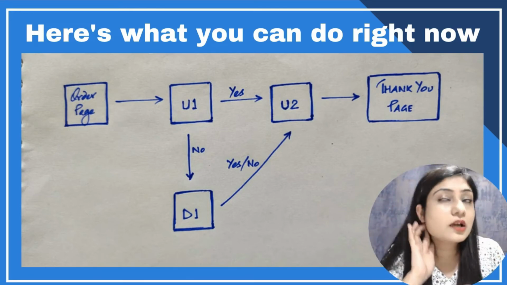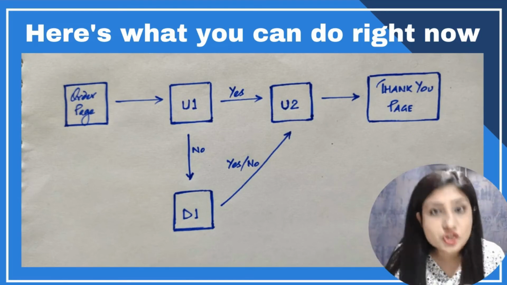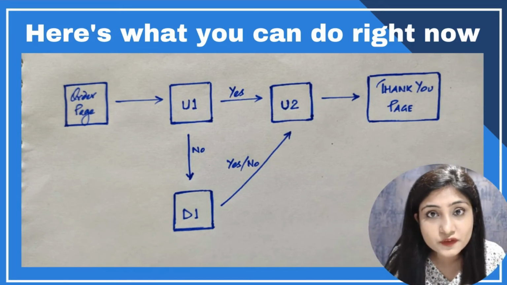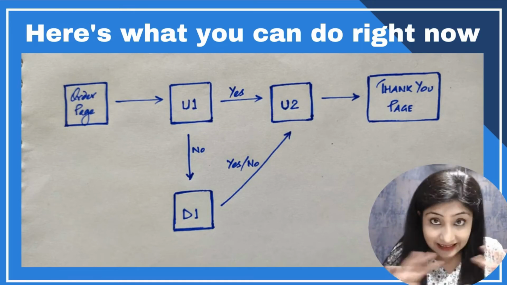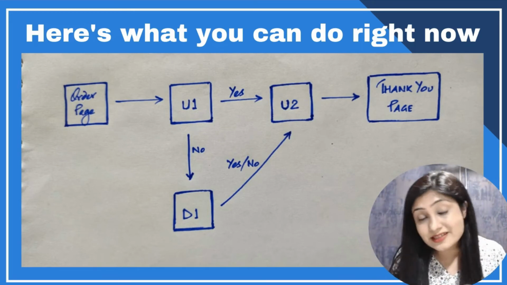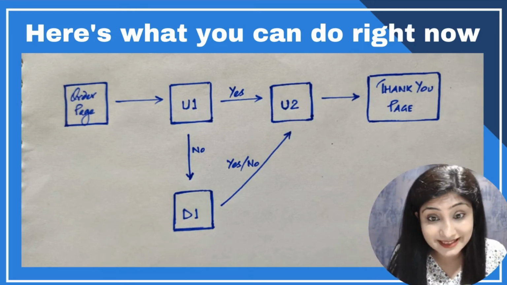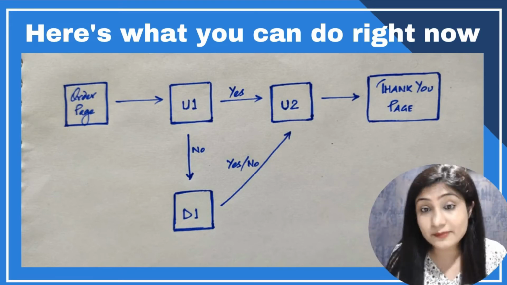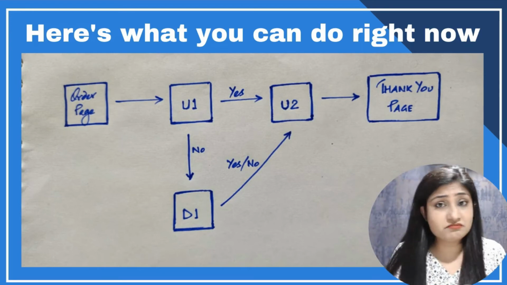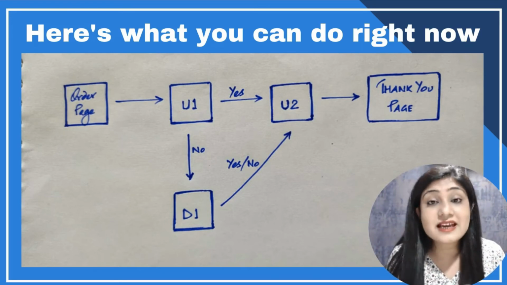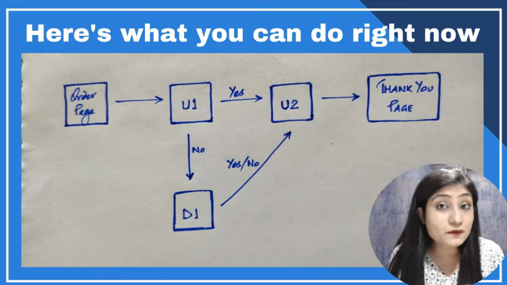And then whether they accept or reject the downsell offer, you have to send them to the next offer in the sequence, which is U2 in this case, and they automatically go to U2 from downsell 1, whether they accept or reject it, and finally you can send them off to the thank you page.